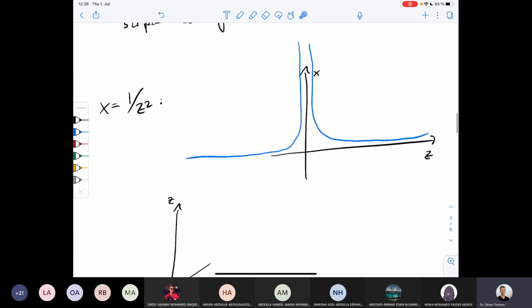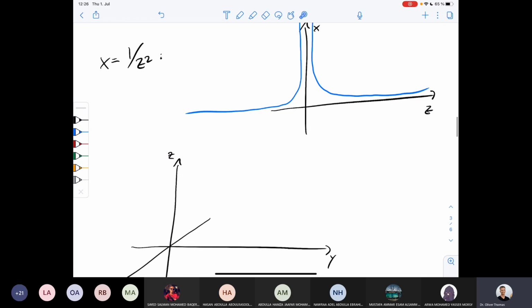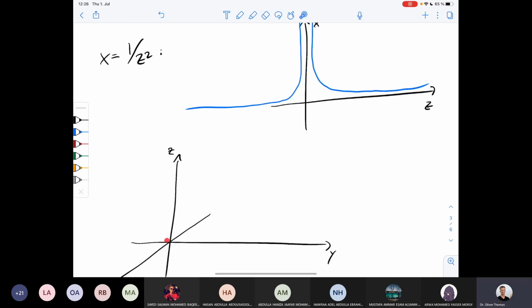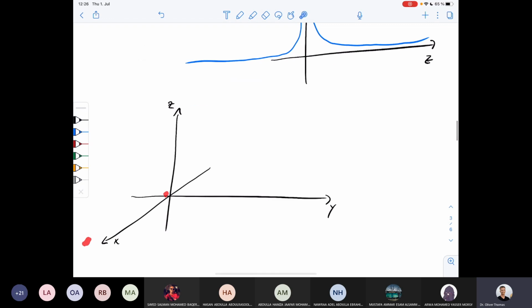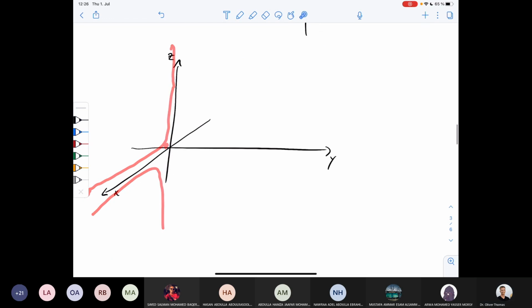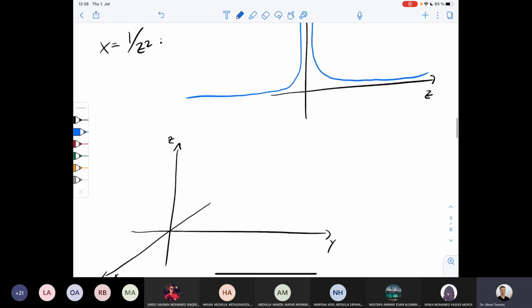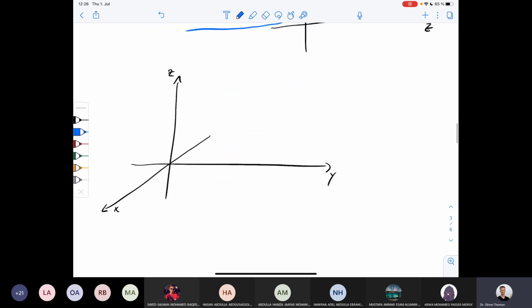But that's not too difficult. We see that as z approaches 0, we get very, very large values of x. So we know the shape is going to be something like this, and it's asymmetrical. If we transform this plot into this coordinate system, what we get should be something along these lines.